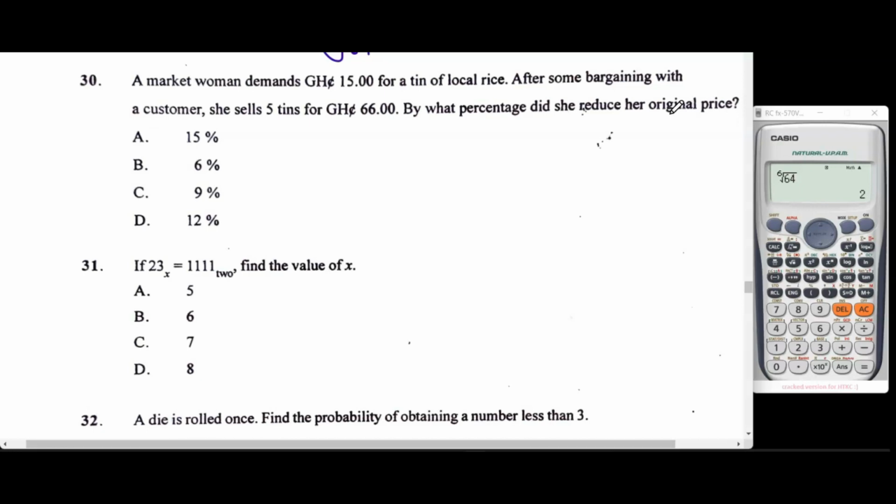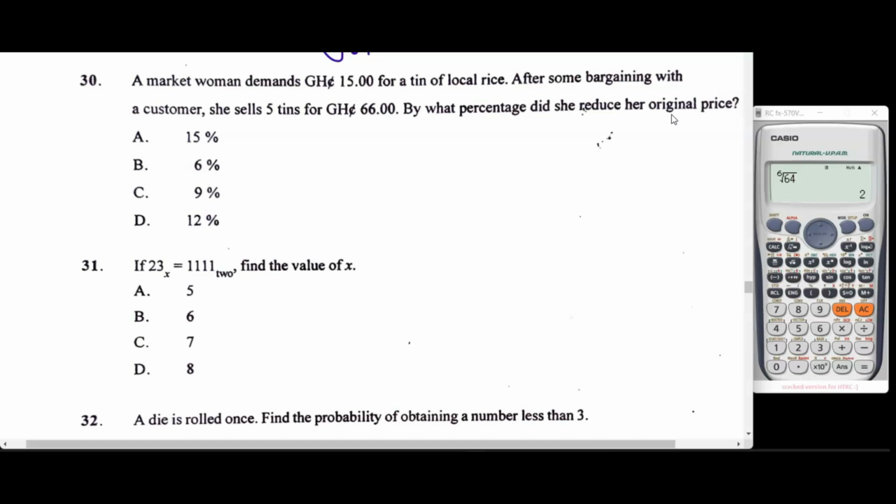So the market woman demands 15 Ghana cedis for a tin of rice. So 1 tin of rice is 15 Ghana cedis. After some bargaining, a customer buys 5 tins for 66. So ideally, we should know the original price for the 5 tins.